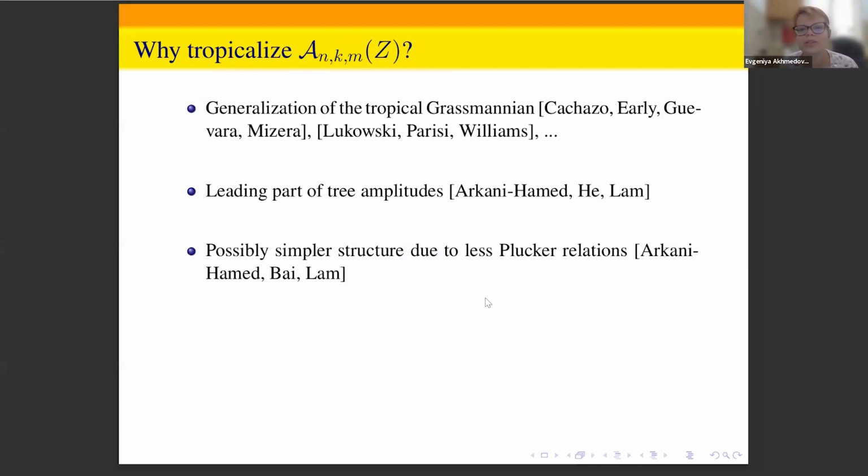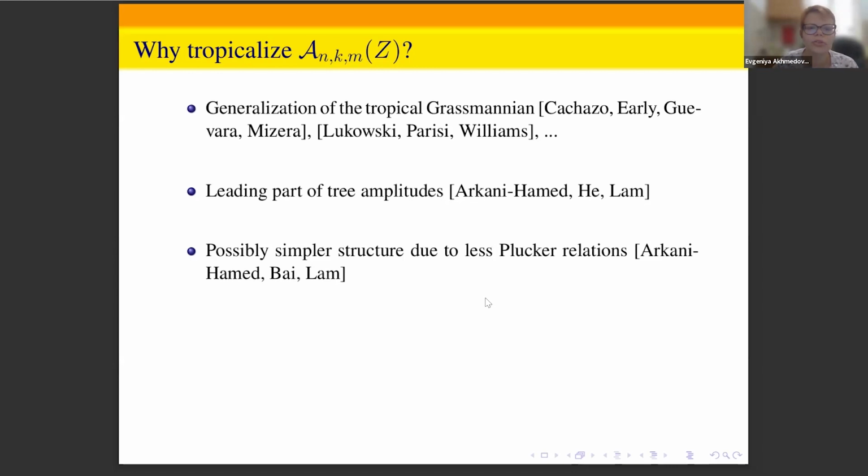Well, the tropical Grassmannian turns out to have connections to the triangulations of the Amplituhedron for m equal 2, and it's an interesting object in and of itself, the positive tropical Grassmannian. So generalizing this in the same way as the Amplituhedron generalizes the Grassmannian is an interesting thing to us.